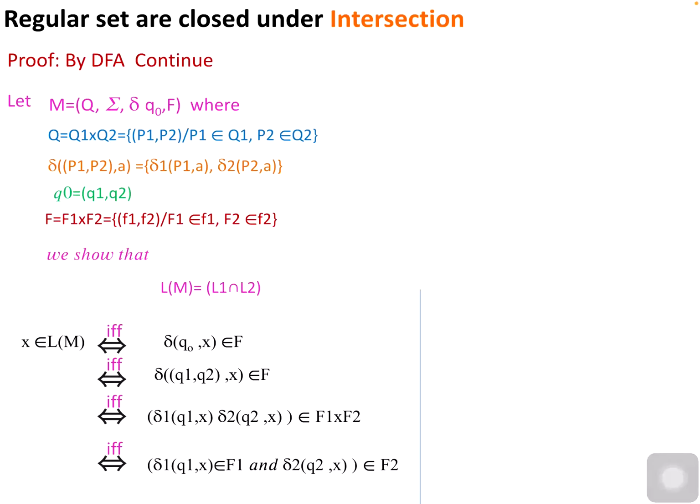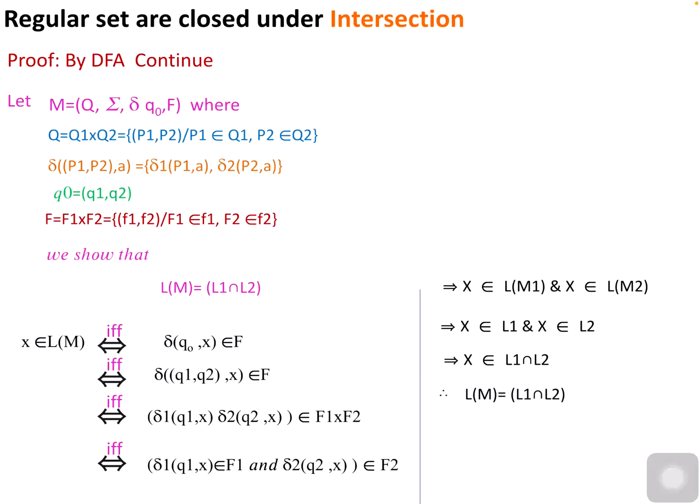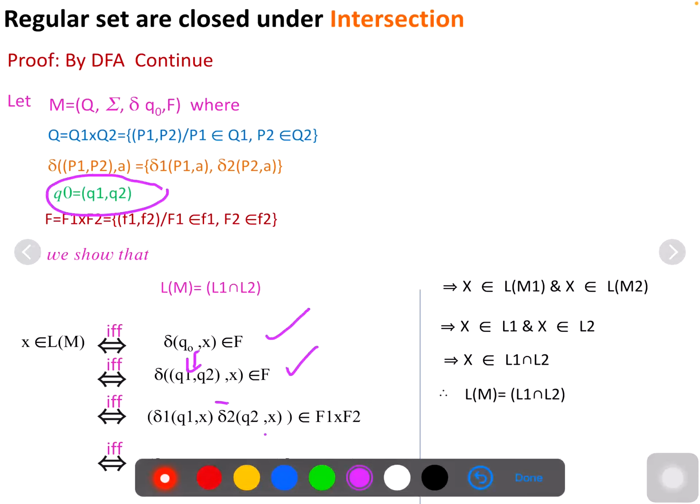Finally, take L of M1 as L1 and L of M2 as L2. Then how do you write this? x finally belongs to L1 intersection L2. So you can write it like this, hence proved, right?